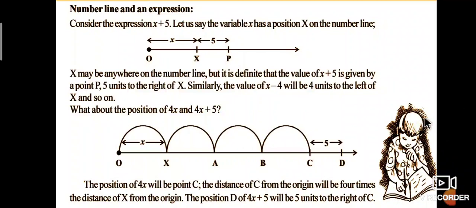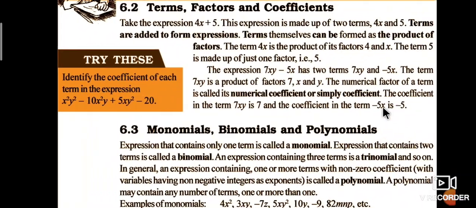Next, we are discussing terms, factors and coefficients. Dear students, observe terms, factors and coefficients. Take the expression 4x plus 5. The expression is made up of two terms. 4x is one term and 5 is another term.